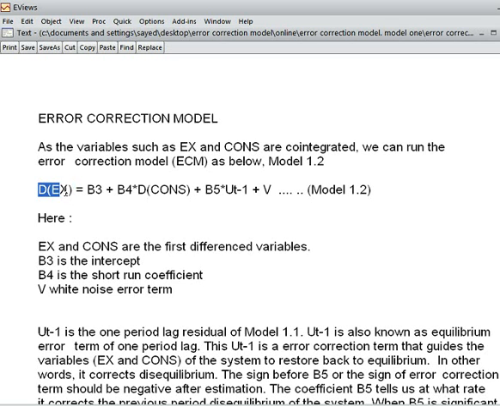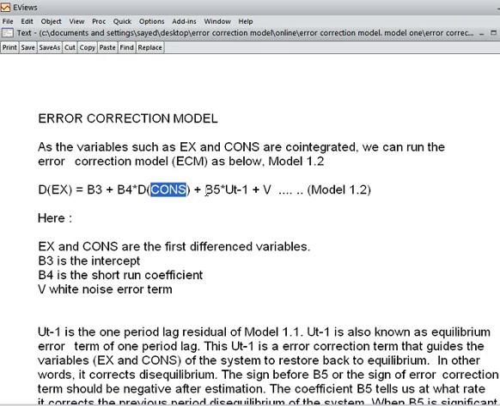So this variable becomes stationary. Then B3 is the constant or intercept of the regression model, and B4 is the coefficient of the variable Dcons. What does Dcons mean? It is the first difference of the cons variable, which means the cons variable has become stationary after first difference.